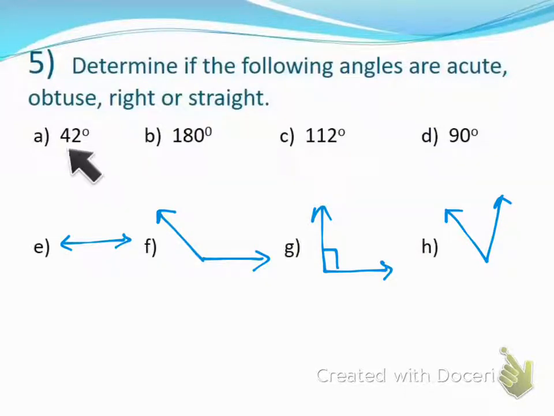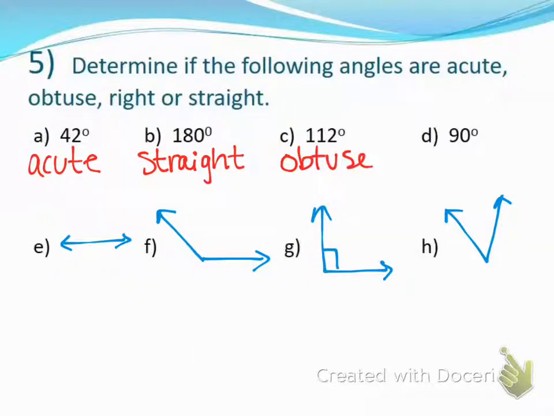So, if we see a measure of 42 degrees, we would say that it is classified as acute. 180 degrees is classified as a straight angle, because it makes a straight line. 112 degrees would be obtuse. And 90 degrees would be right. Wonderful.